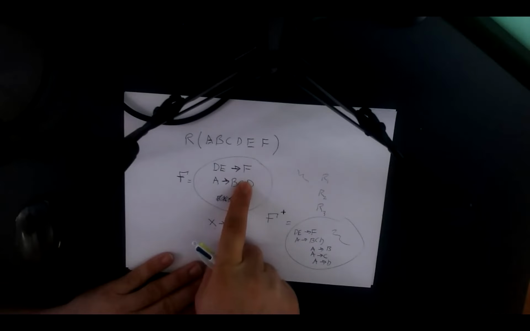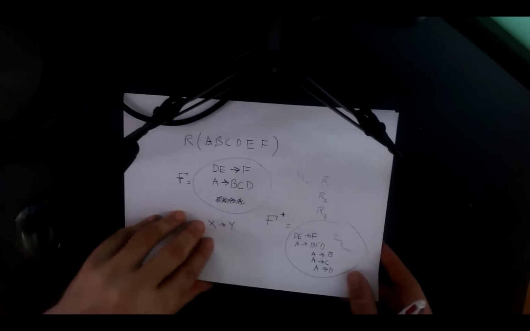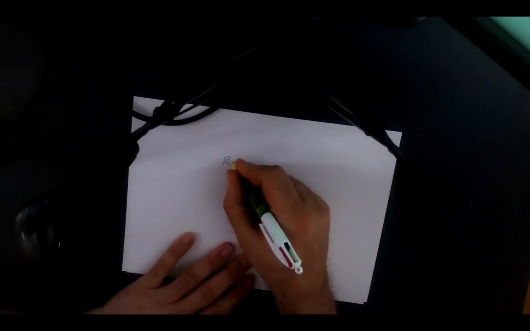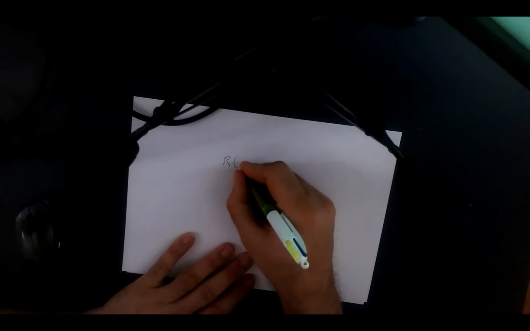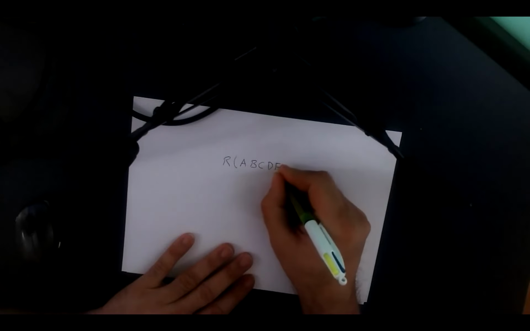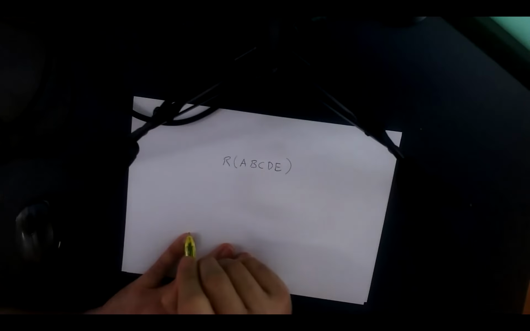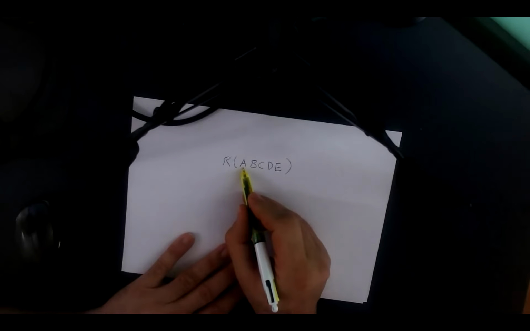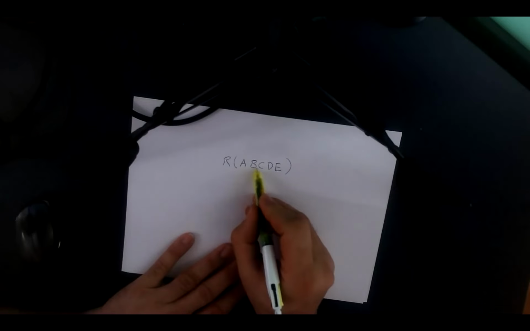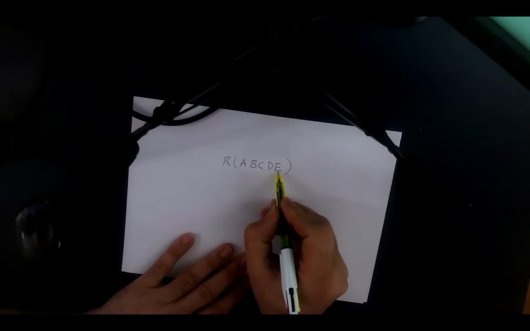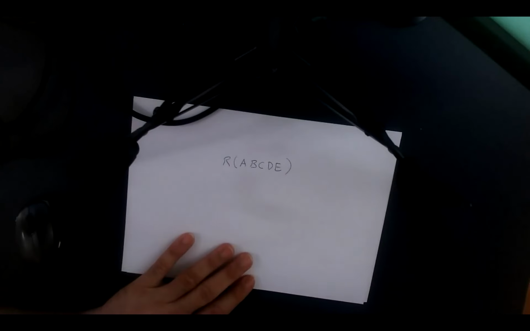An example might be this really trivial one: A is an object ID, B is the X coordinate, C is the Y coordinate, D is the Z coordinate, and E is the time.